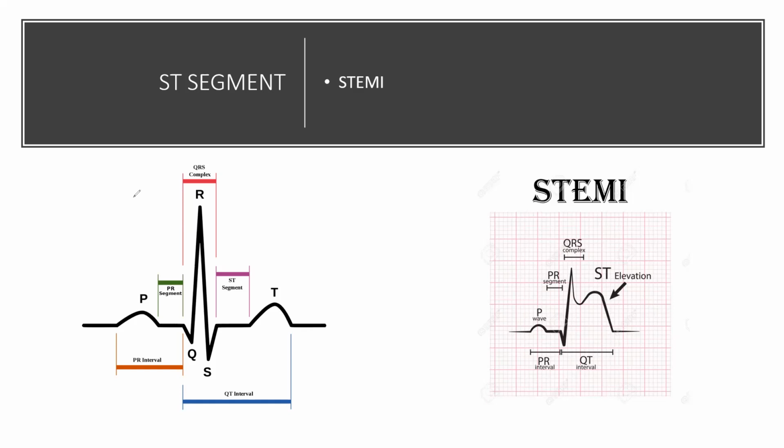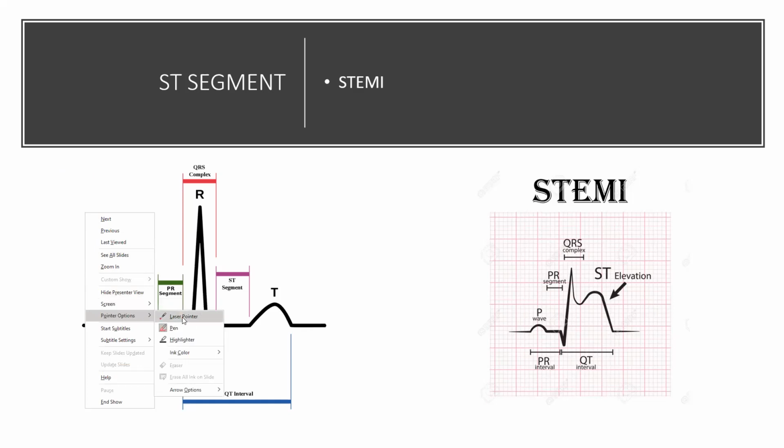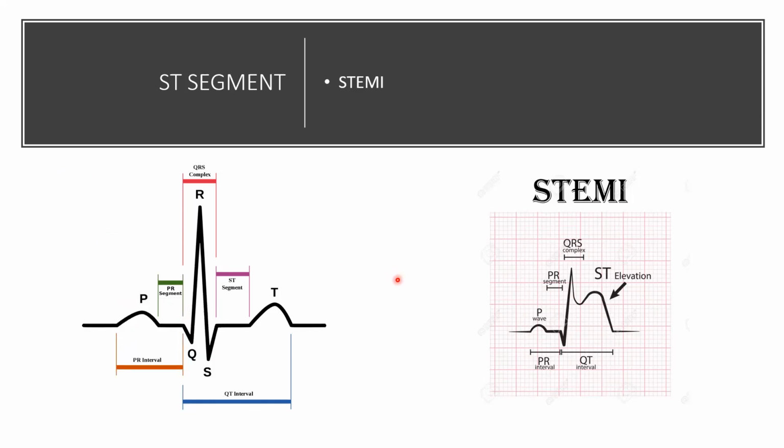So the first thing that I would like to emphasize is to identify the baseline. And whenever we are talking about the baseline, it is always going to be this segment right here. It is called the PR segment.